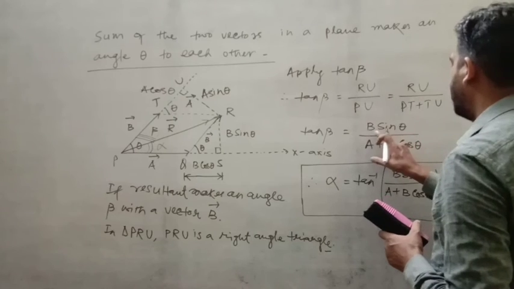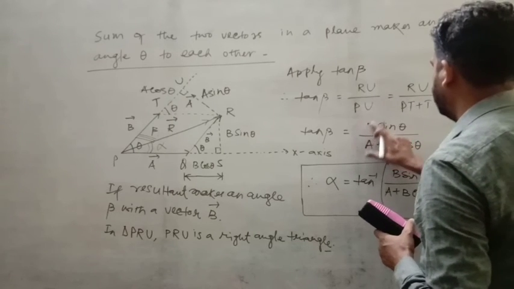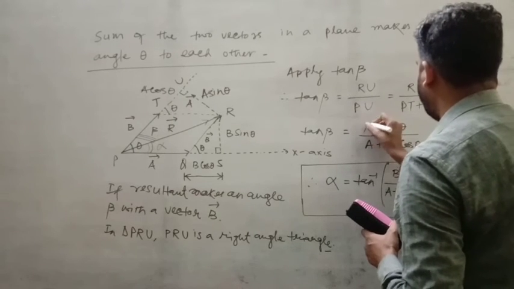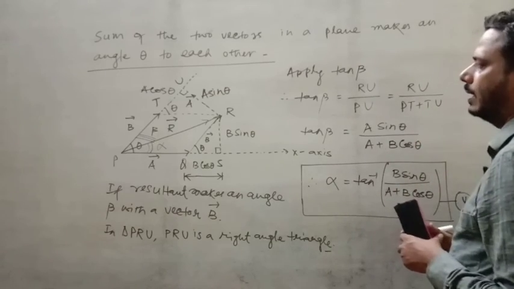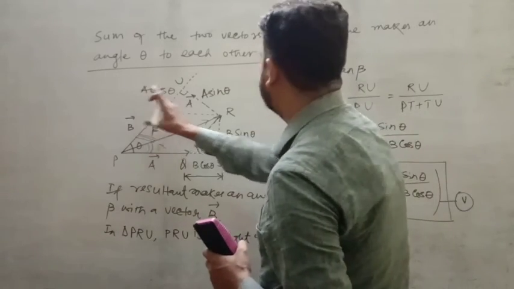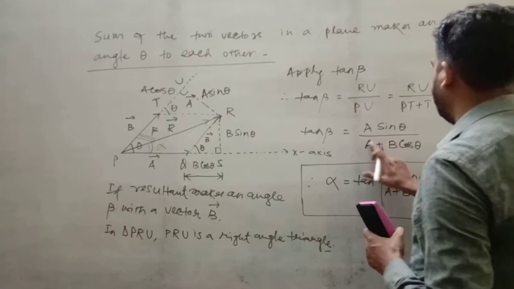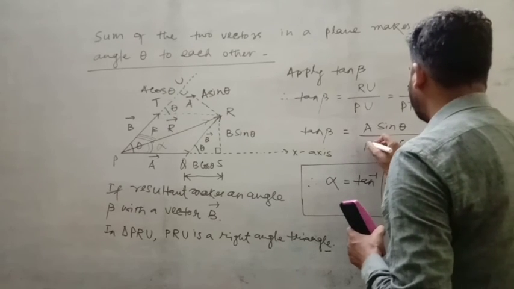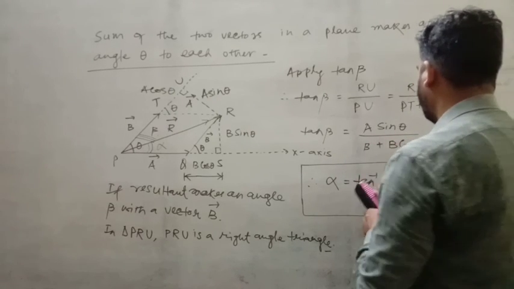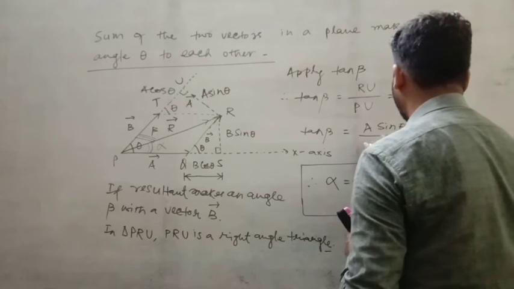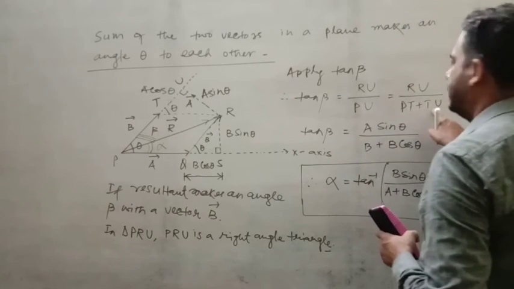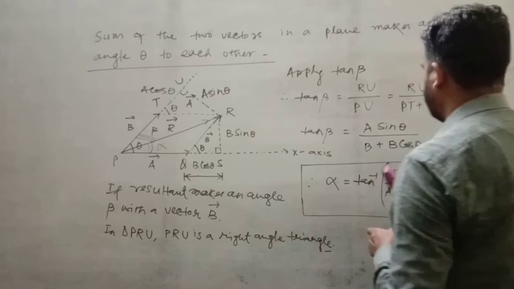RU is a sin theta, divided by PT, which is b, plus TU, which is a cos theta.